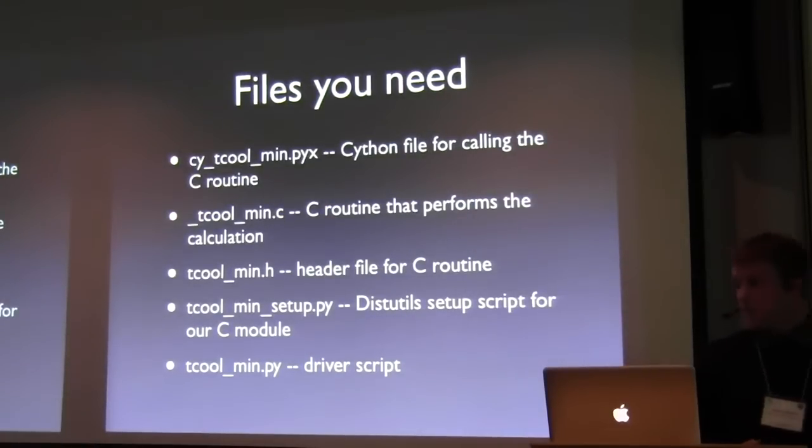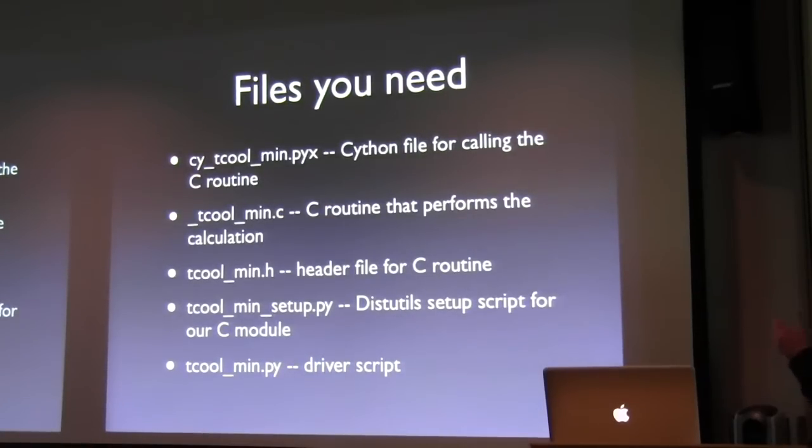So the files that you need for this example are all inside the repository. The first one is a Cython file called cytcoolmin.pyx. It's a Cython file that calls the C routine. This _tcoolmin.c is a C routine that performs the calculation. It just loops over all the cells and figures out what the minimum cooling time is.